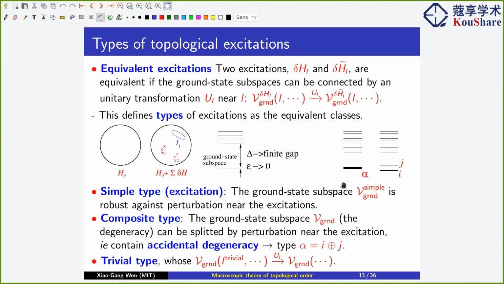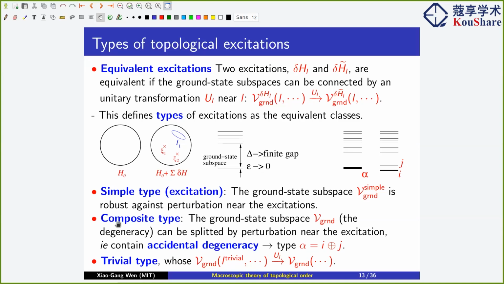But in general, if you do things very carefully, with a trap and a ground subspace, this definition includes accidental degeneracy. Therefore the composite type just means that we have accidental degeneracy. And amazingly, a first order phase transition can also be seen as accidental degeneracy. Right at the first order phase transition, the two ground states are accidentally degenerate.